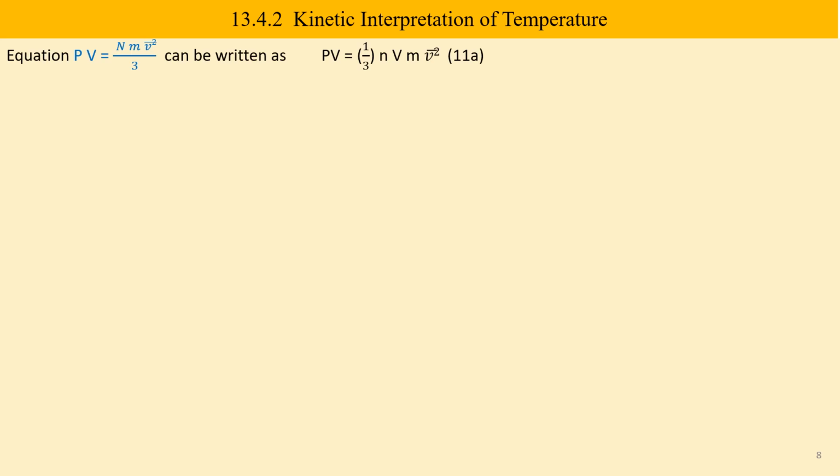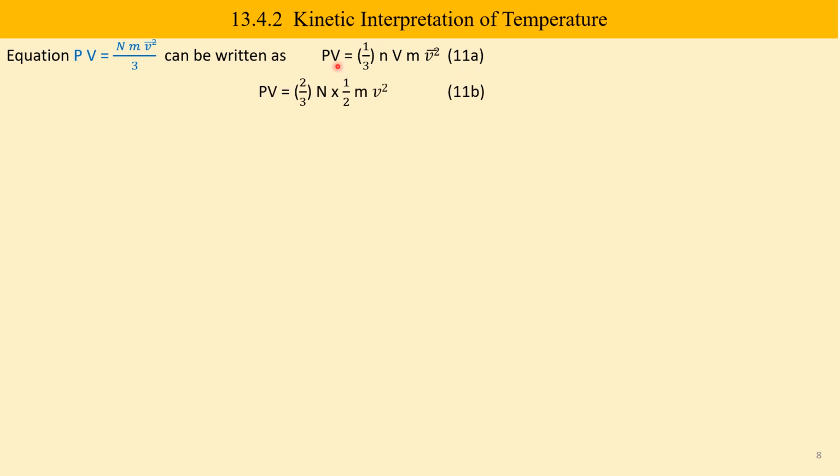We know from the equation 8 PV is equal to Nm into V square divided by 3, which can be written as PV is equal to 1/3 small n into V, where V is the volume, m into V square. Let it be equation 11a.